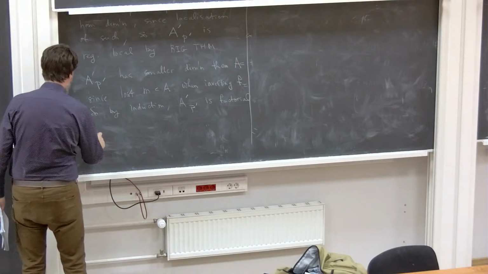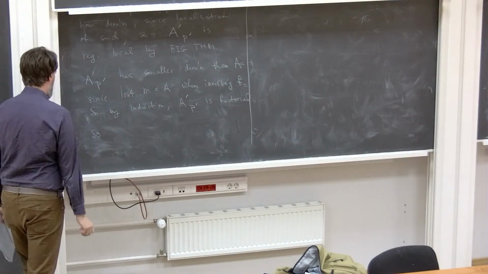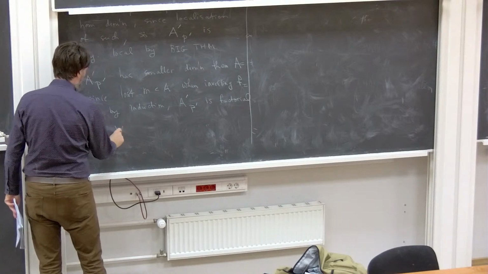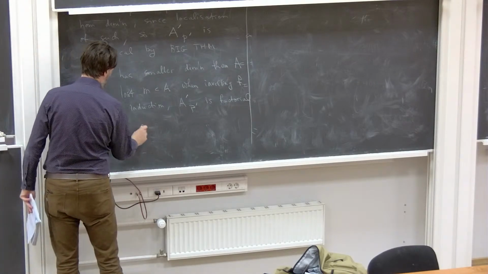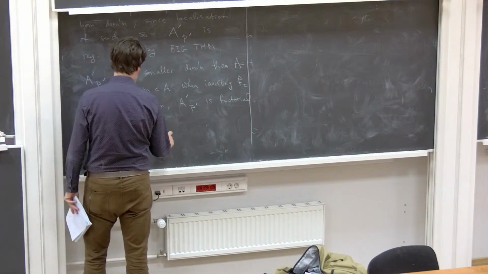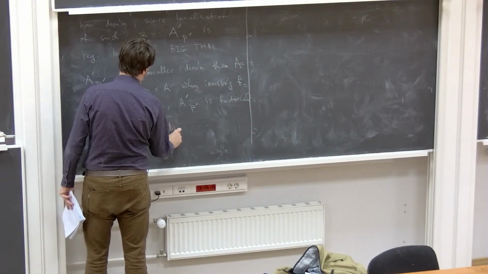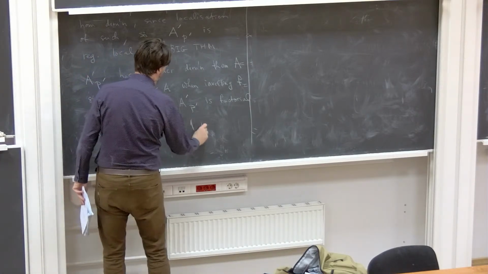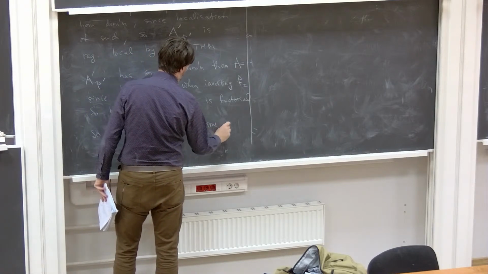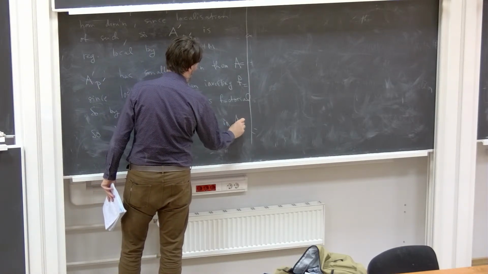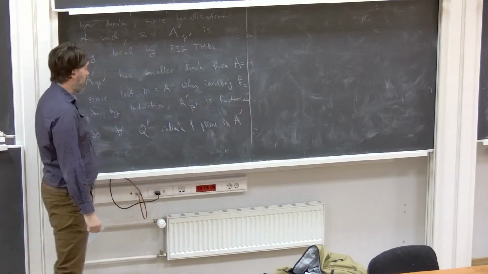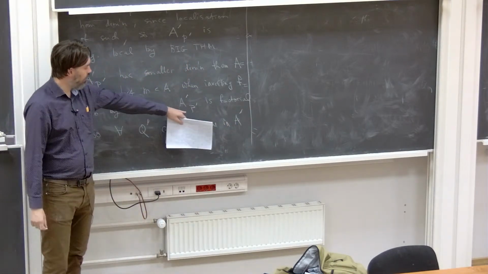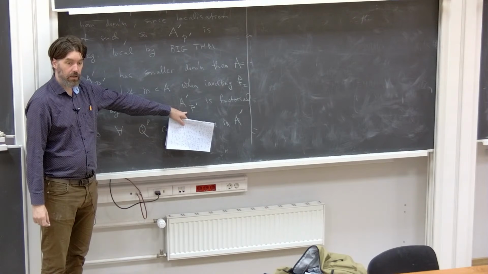Which means, for all codimension 1 primes Q prime in A prime, I don't yet know anything about it in A prime, but I know that when I localize it at P prime, it must become principal.